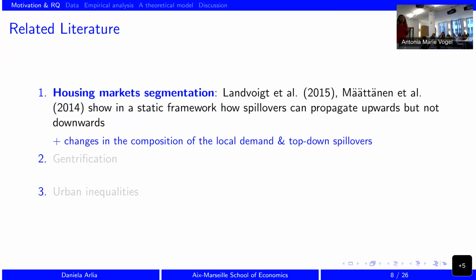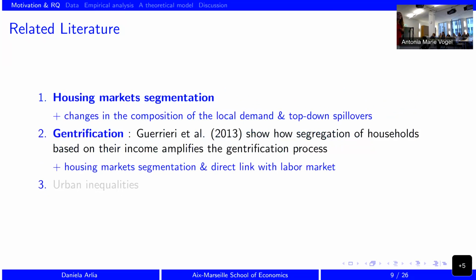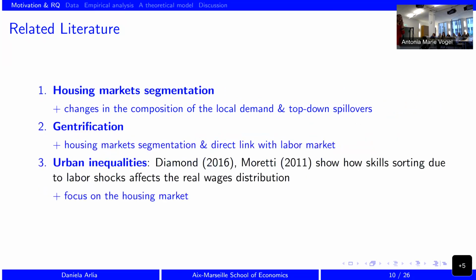What I want to add to these findings is to focus on the change in the composition of the local demand, as mentioned before. Other related literature comes from gentrification, the paper by Girardin and co-authors, and the literature on urban inequalities. I'm not going into the details of these slides.